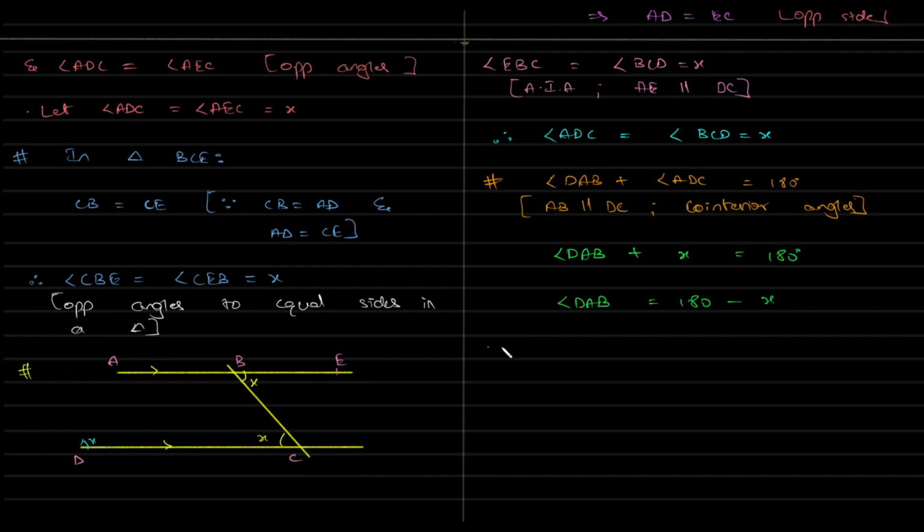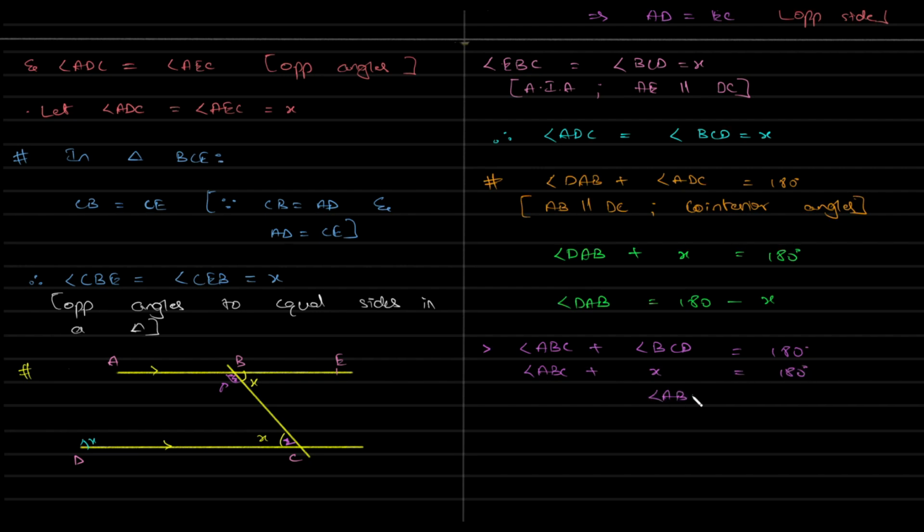Okay, what else? Similarly, we have angle ABC, right? Over here, you can see over here itself, plus angle BCD is equal to 180 degrees, same reason. Therefore, okay, we need to write angle ABC plus x is equal to 180 degrees.